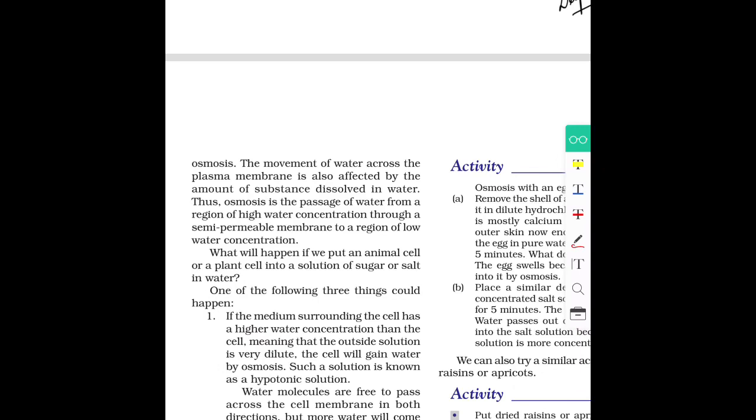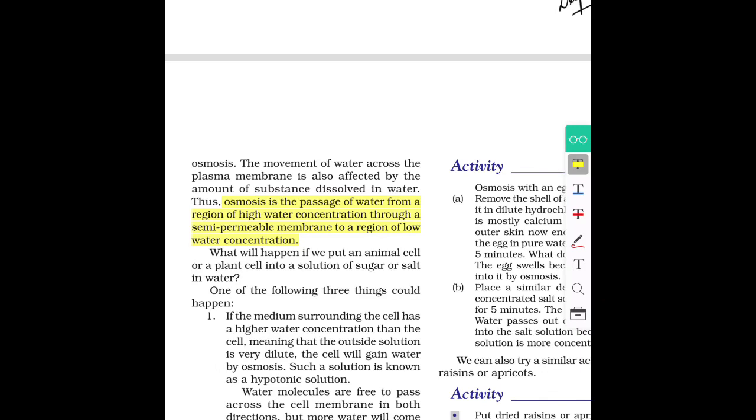So, you can say that osmosis is something similar to diffusion, but here the exchange of water takes place from a region of higher concentration to a region of lower concentration. Now, we know that along with water, other minerals and other important nutrients are also transported in and out of the cell.